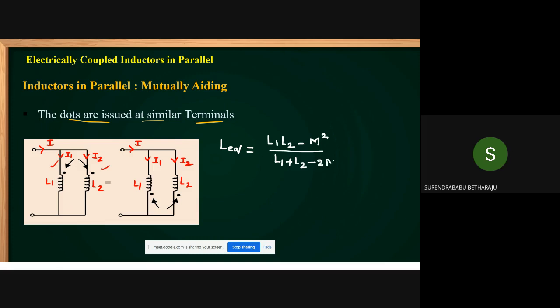Here we get minus 2M in the parallel connection. Even though it is an aiding connection, here we get minus 2M. Don't confuse. By derivation only we can get this one. This is the L equivalent, that is L1 L2 minus M square by L1 plus L2 minus 2M.